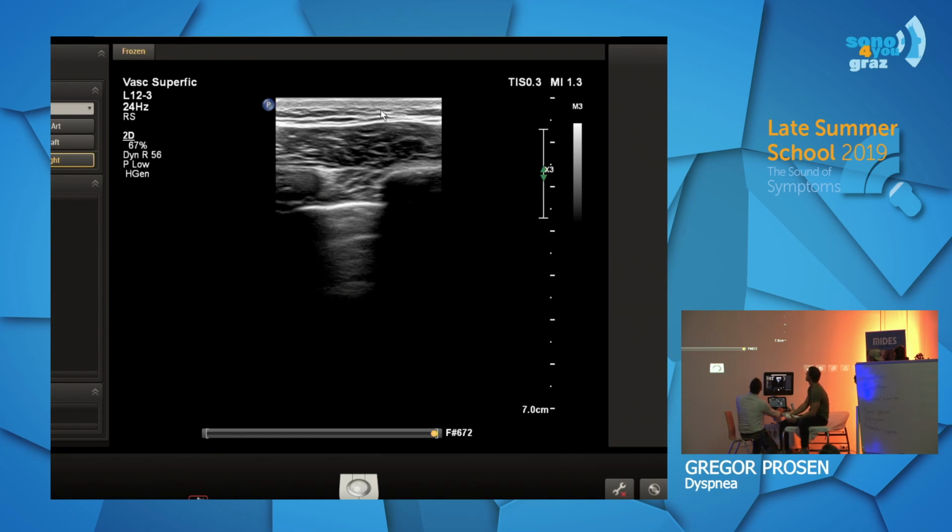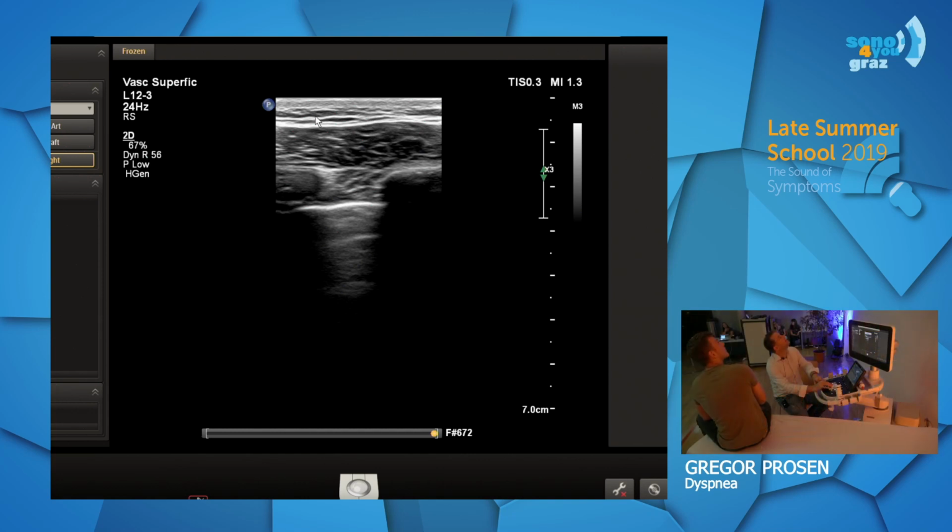So, what is this structure here? What would that be? Skin. Skin and subdermal tissue, yeah? What is this bulk here? Muscle. Which muscle? Pectoralis major. Agree.